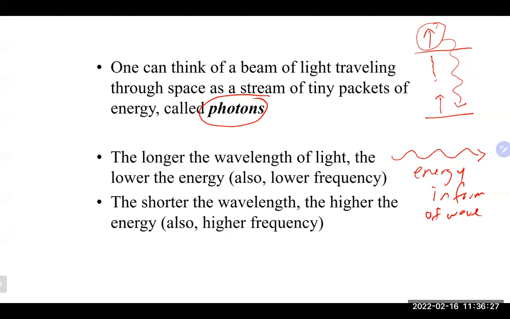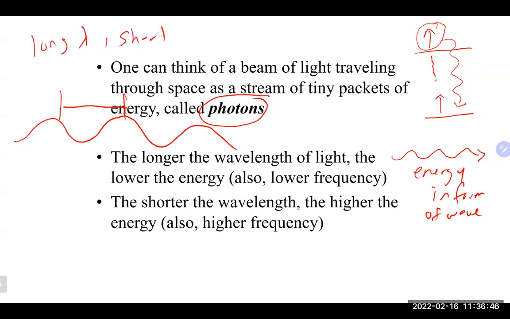So there is a relationship between the wavelength and the energy associated with it. If we have a long wavelength like this, we have a lower frequency, or shorter frequency, I guess, is a better way to say it.